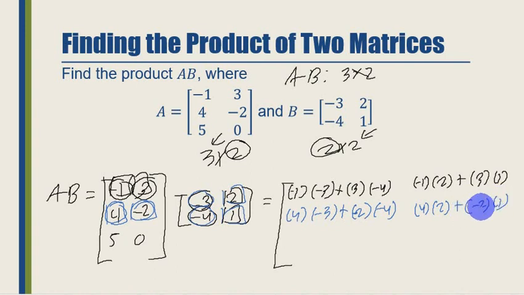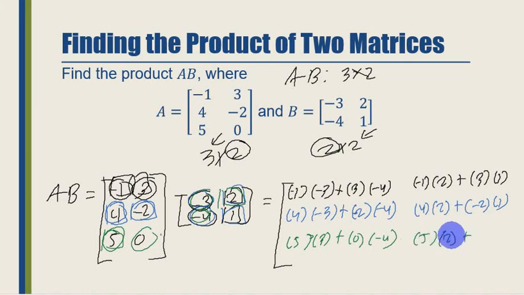Similarly, the entry in the third row, first column would be 5 times 3 plus 0 times -4. While here in row 3, column 2, we'll have 5 times 2 plus 0 times 1.